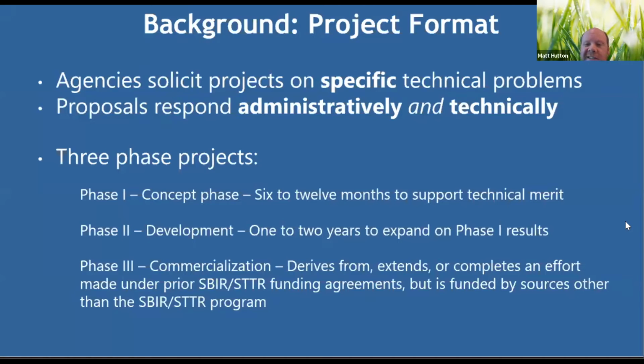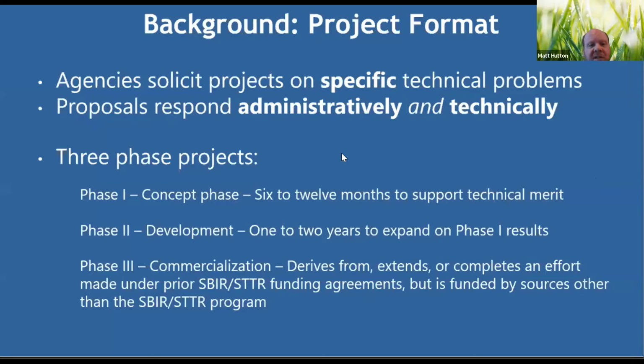Schedule constraints. Are you proposing a clinical trial when they said you could not do that? These sorts of things are the administrative points of whether you're responsive to the solicitation. And then obviously the technical points. Does your technology address the need that they have asked you to address?